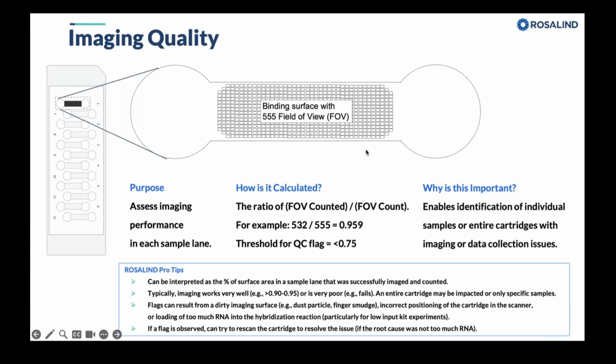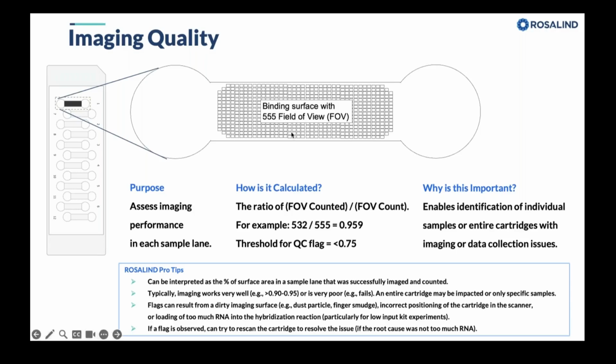It breaks the entire surface area into individual FOVs, or fields of view. In this case, this happens to be a Max or a Pro cartridge. But in order to cover the entire surface area, we need to have 555 individual FOVs that are scanned one at a time. And then at the end, all of these FOVs are stitched back together, and then we can compile our final data and counts of all of our barcodes. So that's this high-level introduction.